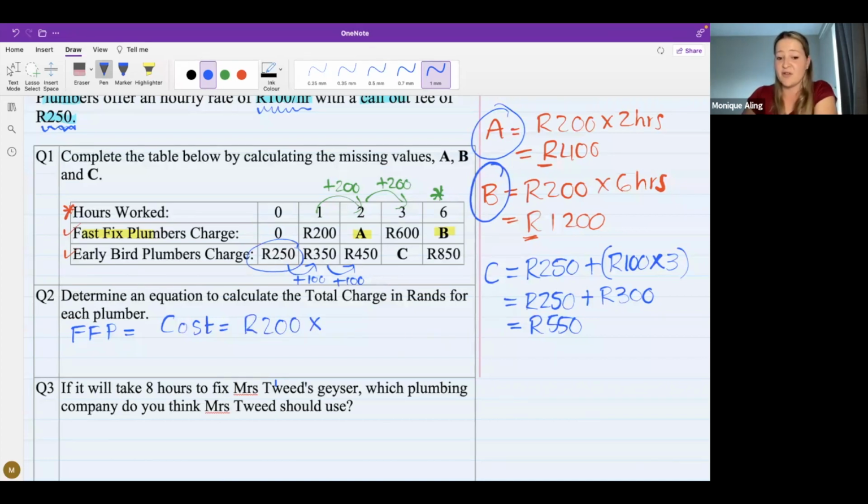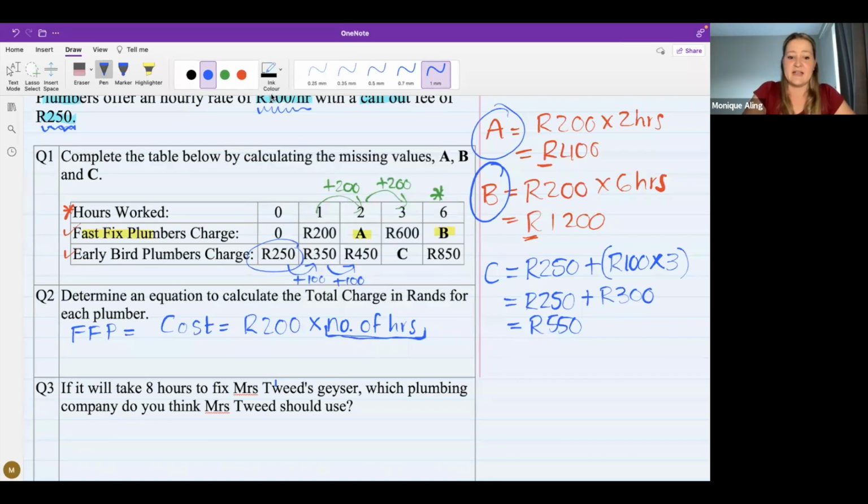So general formula would just be me saying times by number of hours. So that way I could say, how much will it cost for 16 hours? You just substitute 16 into this place. How much would it cost for 8 hours? Just substitute it into this place in the formula. Okay. Tiamo, also good. Perfect. You could also say 200 times X.